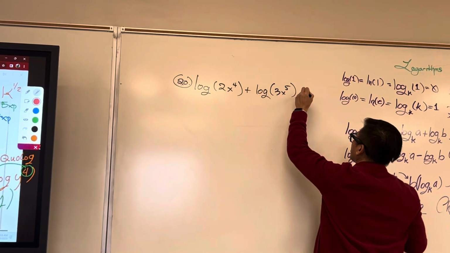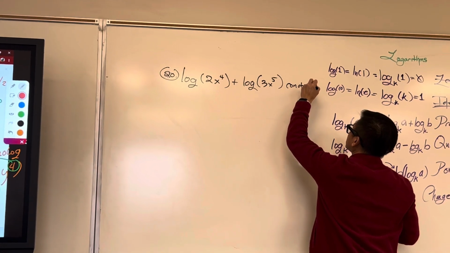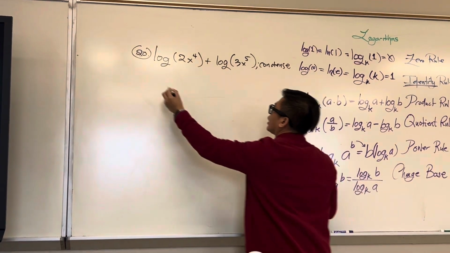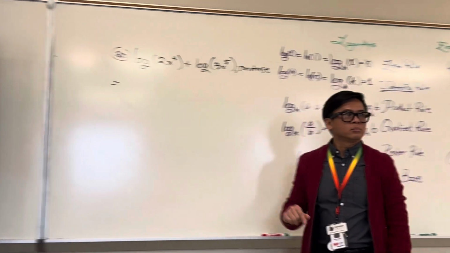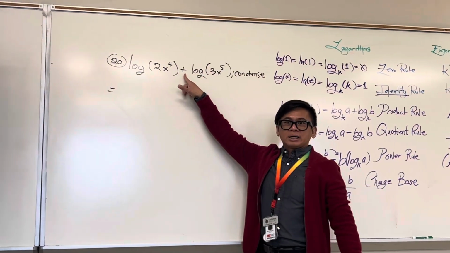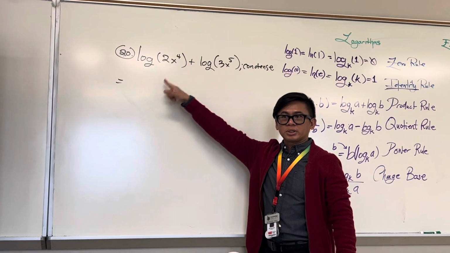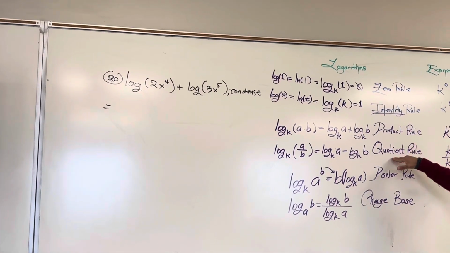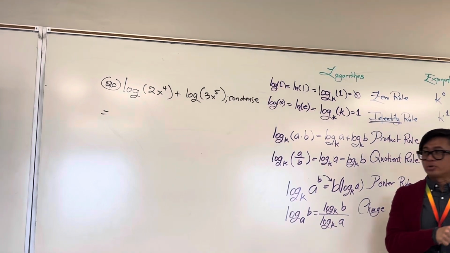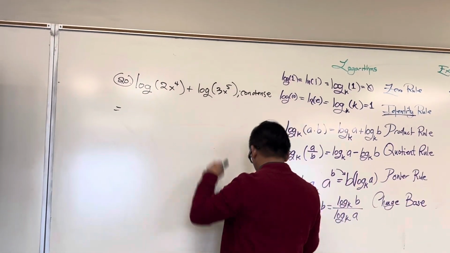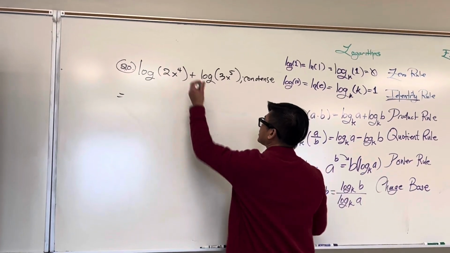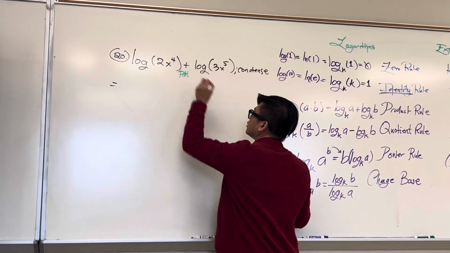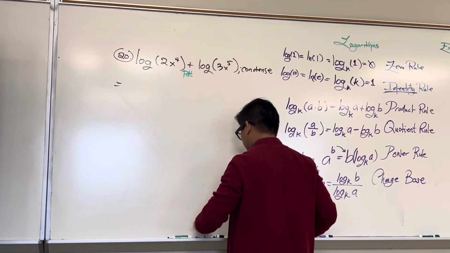Again, this one we're going to condense. First of all, if it's a plus of those two logarithms, what rule should we use? Should we use the product rule or quotient rule? Product rule, very good. So by the product rule, because this is a plus, this can be written as what?